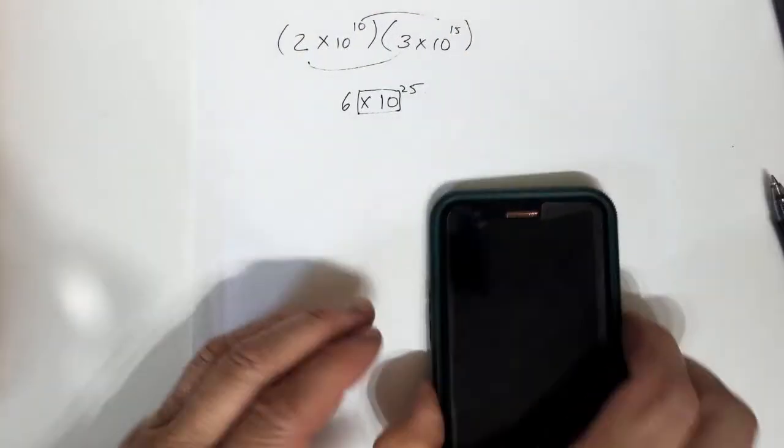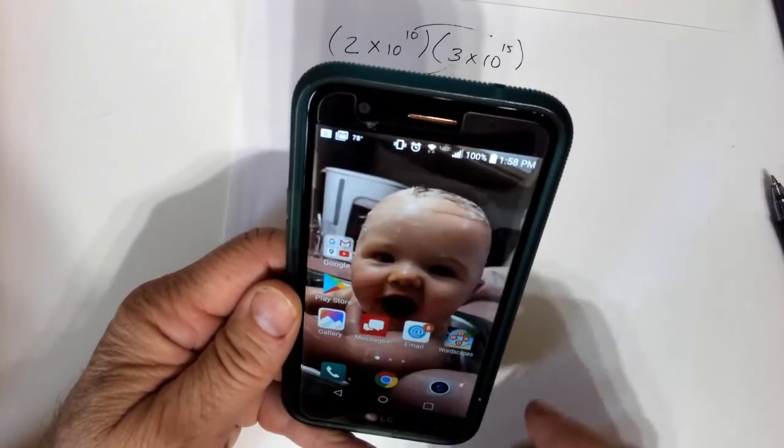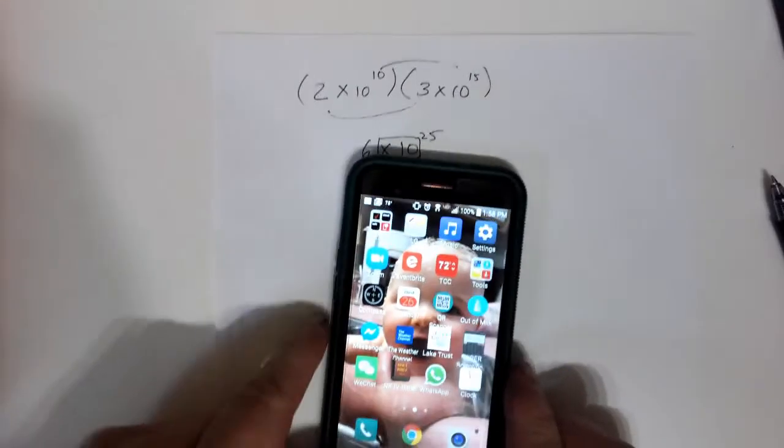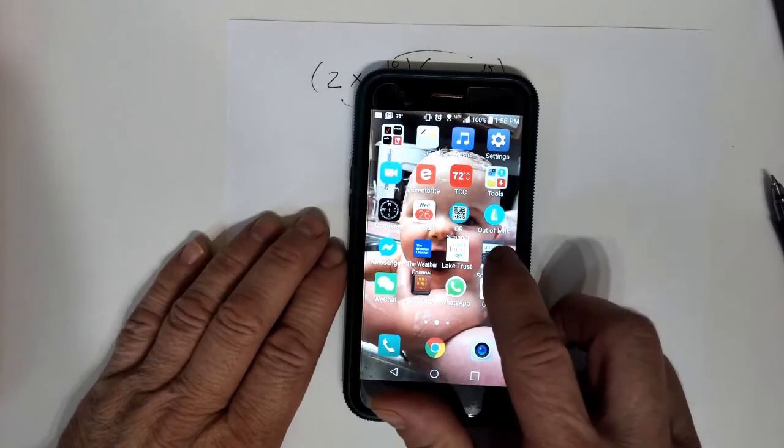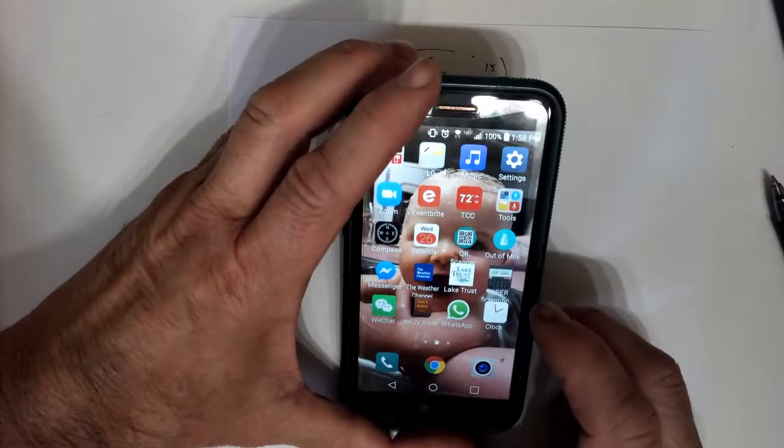I have one I downloaded off my phone, and on my phone, if I pull it up, I found this one, which is called Hyder, I think.